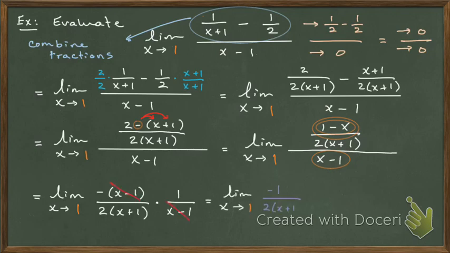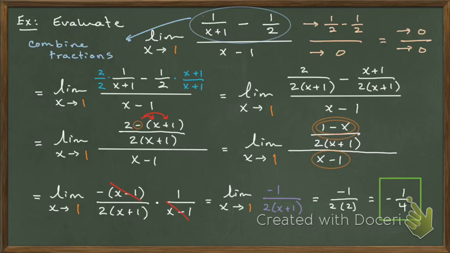I'm left with minus 1 over 2 times x plus 1. And I can direct substitute. Again, in purple, because that's my g of x. I'm good to go. Plug in 1. I get minus 1 divided by 2 times 2, which is minus a fourth. I could very easily verify this with an online calculator, a graph, a table, any of that.